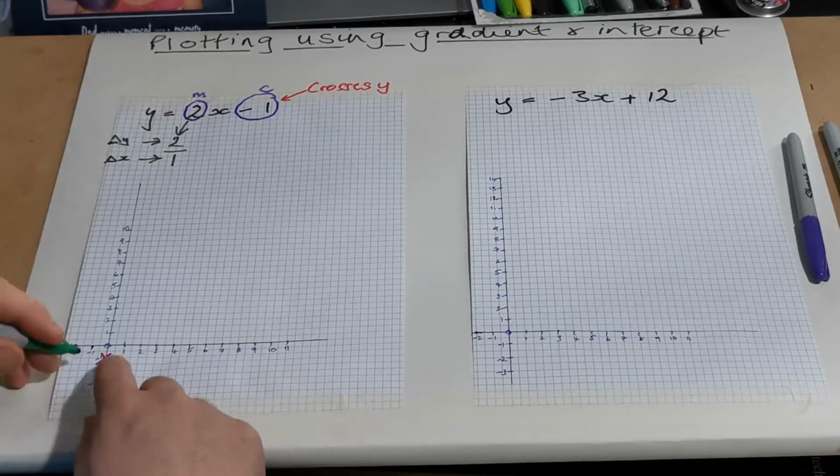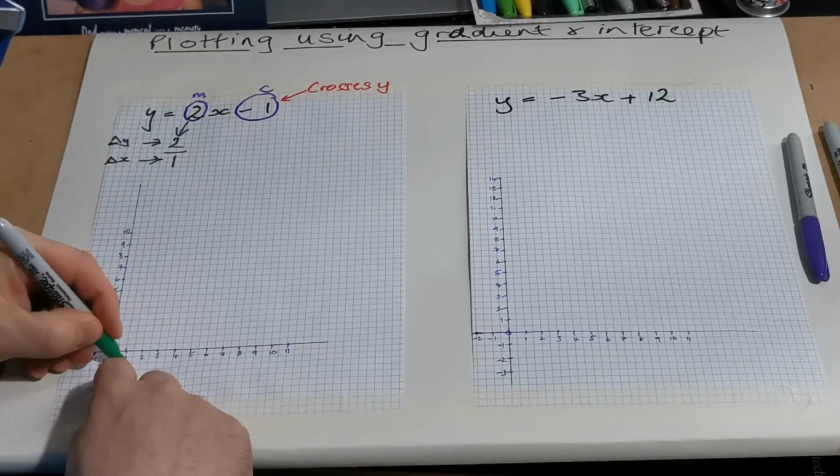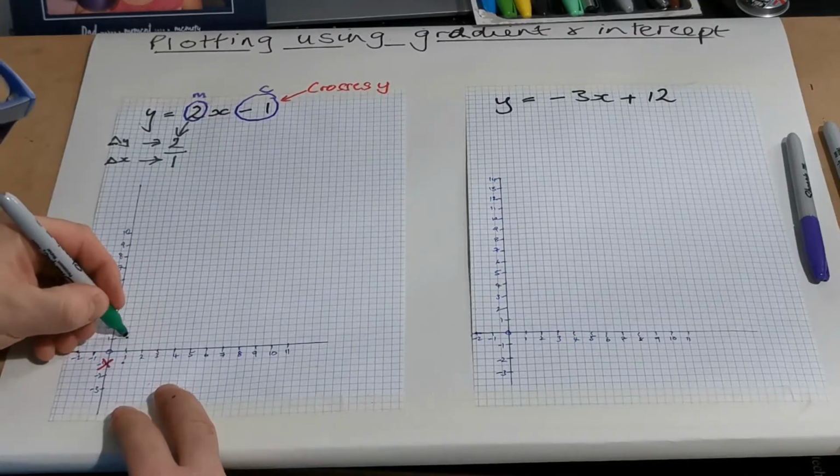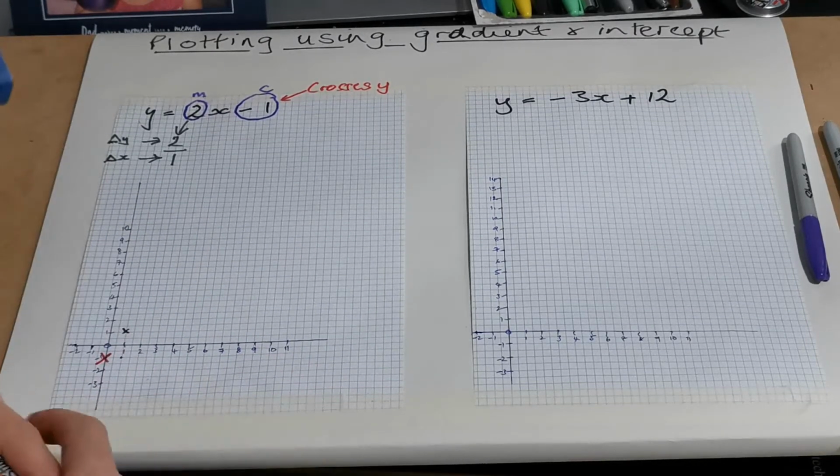Now I could say if x changes by 1, y changes by 2, and that would give me that point just there. And indeed that is on the line.